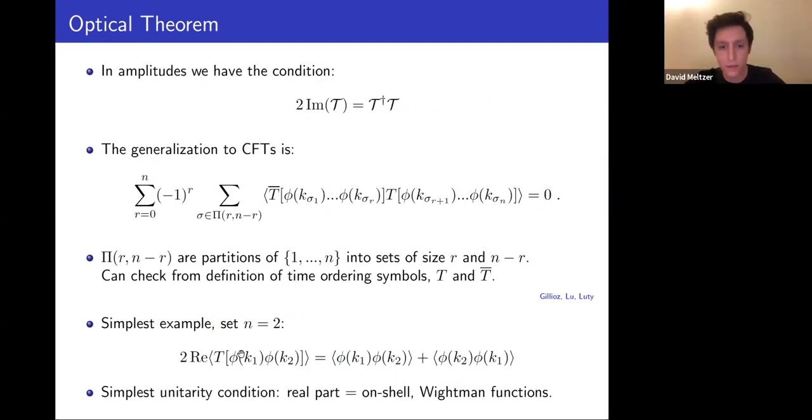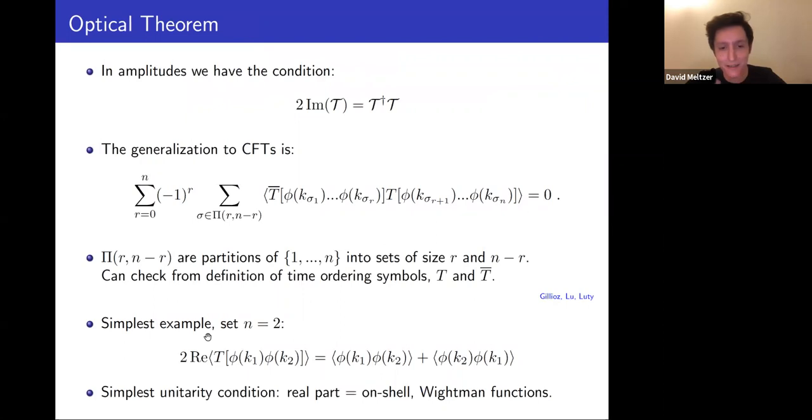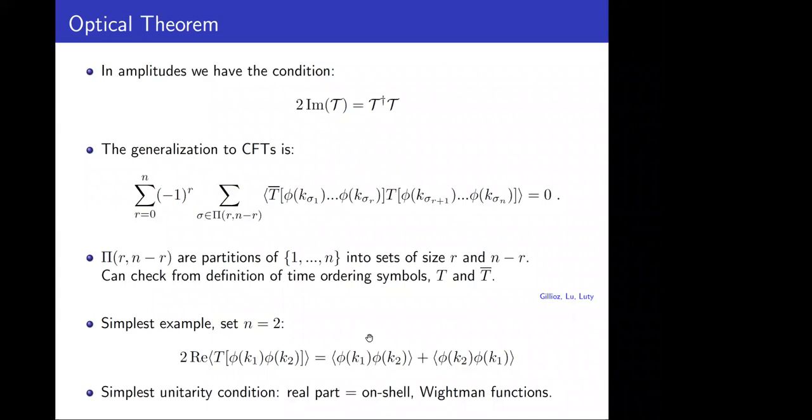Let's think in position space. You can check that you're taking a sum of two theta functions, theta t1 minus t2 plus theta t2 minus t1, and that's 1, and so you get a single Wightman function.